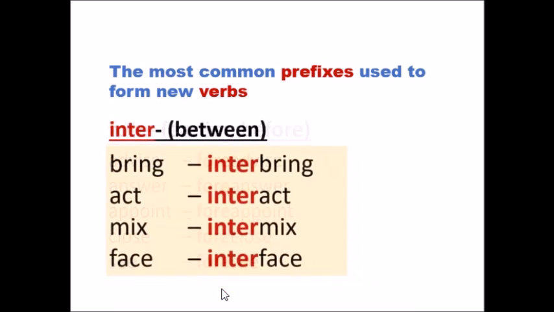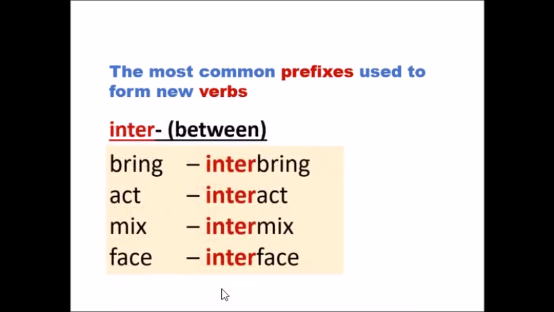Next, inter. The prefix inter means between, from one to another. Bring, interbring. Act, interact. Mix, intermix. Face, interface. So we have used the verb prefix inter in the beginning of the word to form another verb.